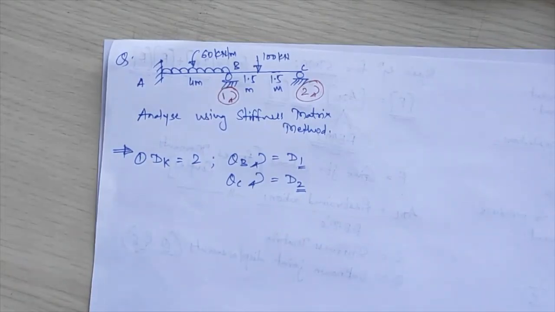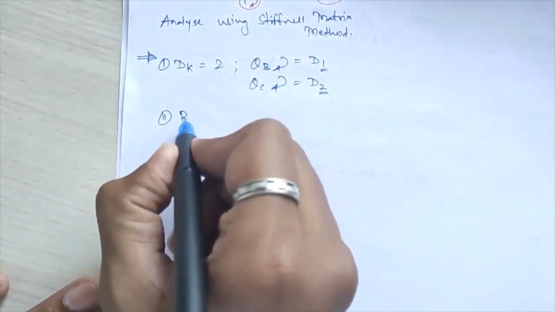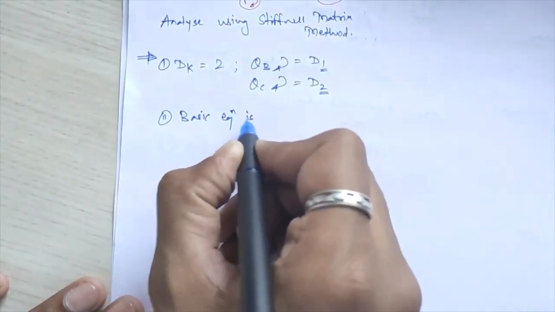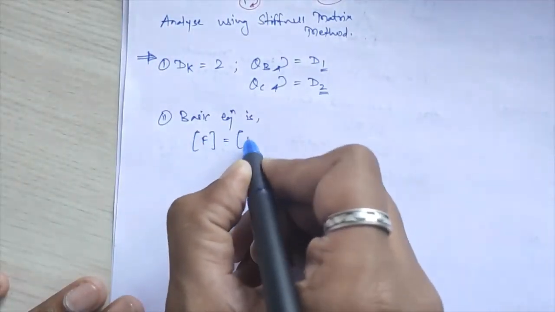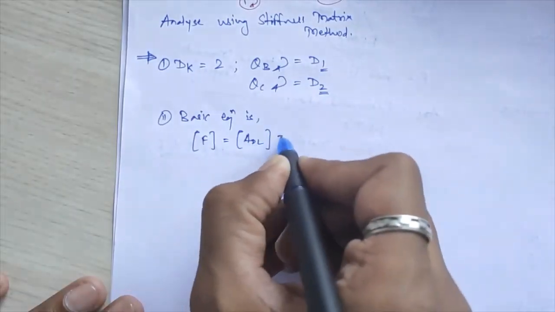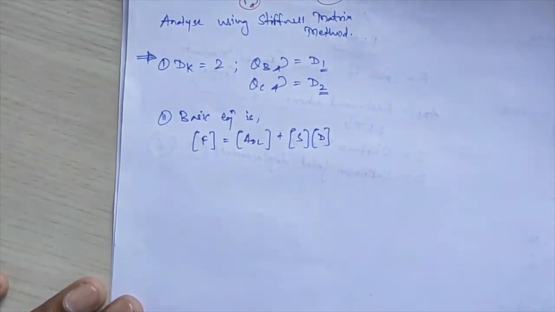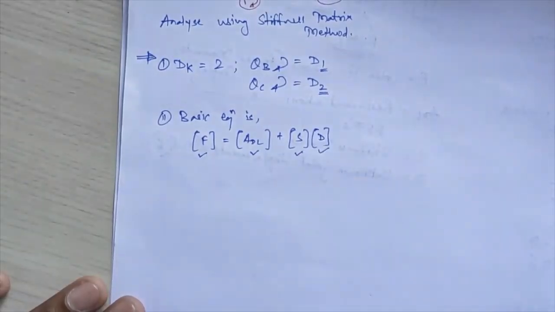Okay. Now in second step I'll write my basic equation over here. Basic equation is, that is what we have, F is equal to ADL plus S into D. Okay. Now what I'll do, I'll calculate all these values one by one here.